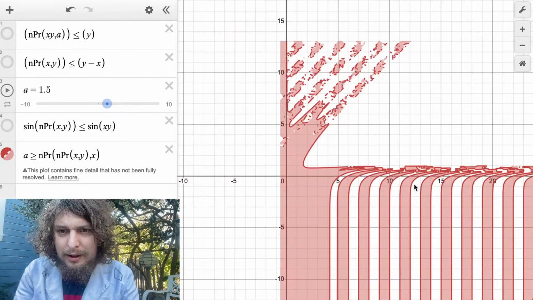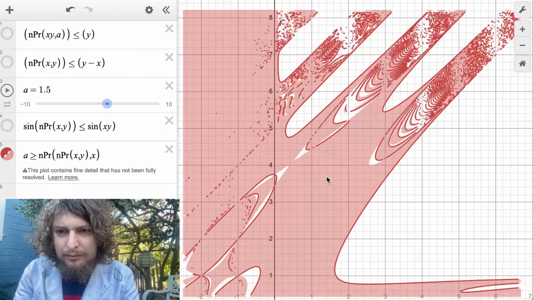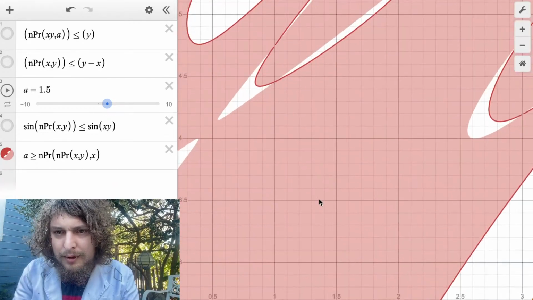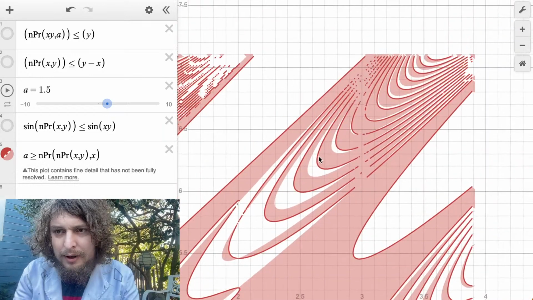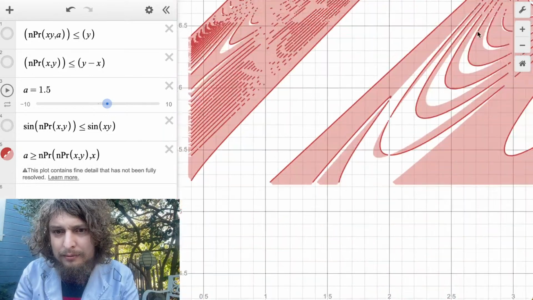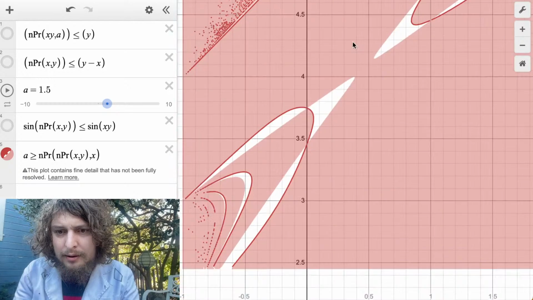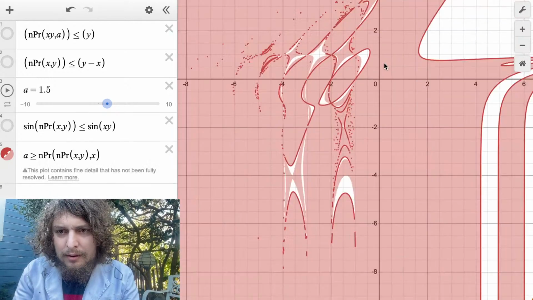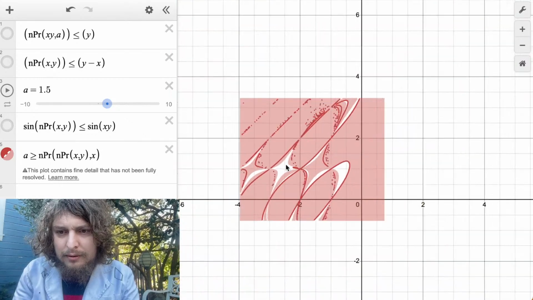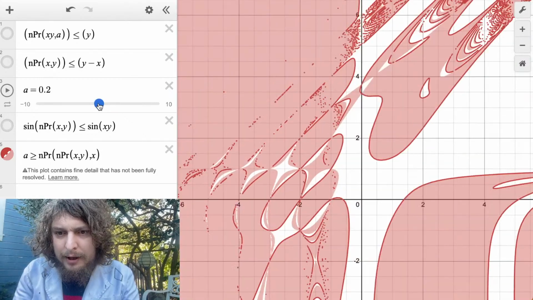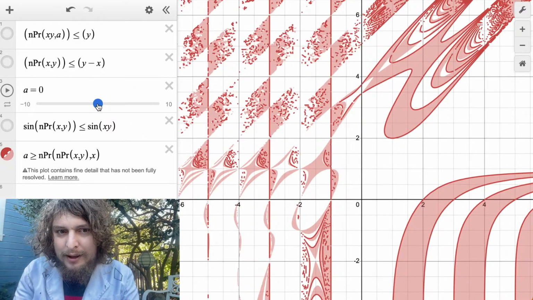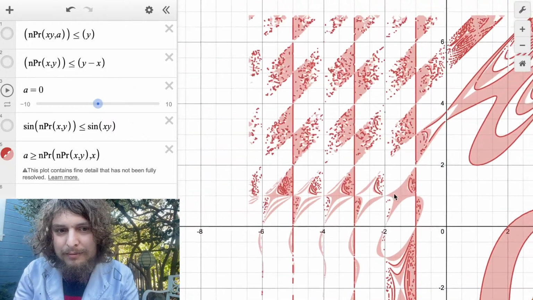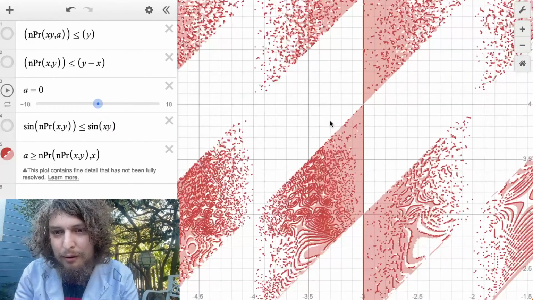And let's see. These ones are doing interesting things. Can we get that zone less crowded by changing our A? Yep, way less crowded. At 0, it looks like one of the things we had before.